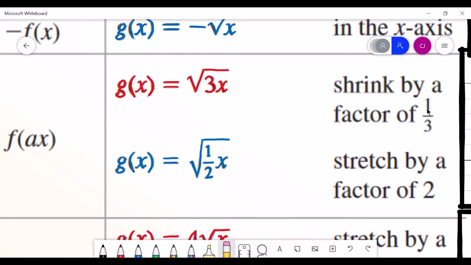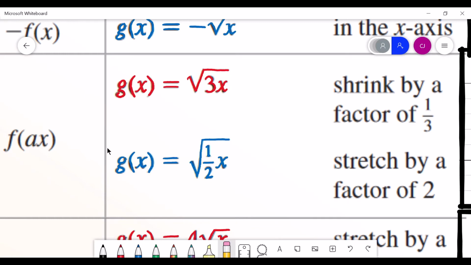And there's a rule where if our true factor is between 0 and 1, then we're going to have a horizontal shrink. And if our true factor is greater than 1, then we're going to have a horizontal stretch. So going back to 3, our reciprocal of 3 is 1 over 3. So our true a or our true factor is 1 over 3.